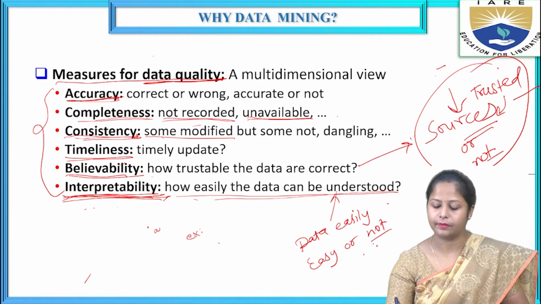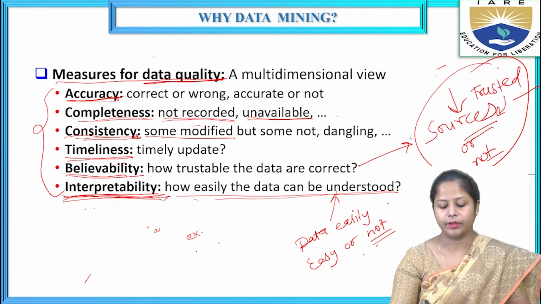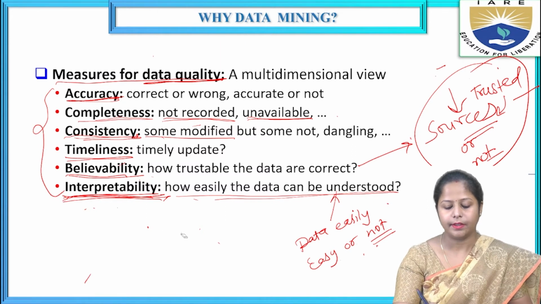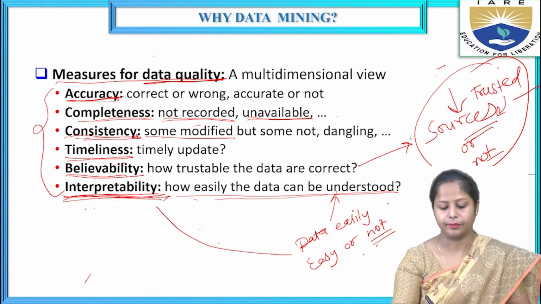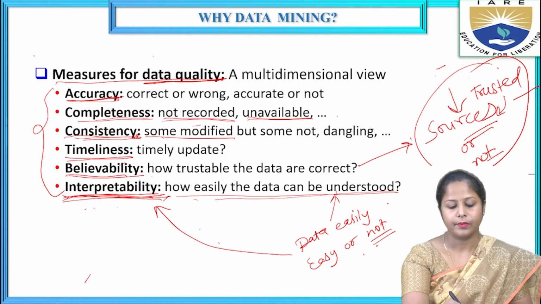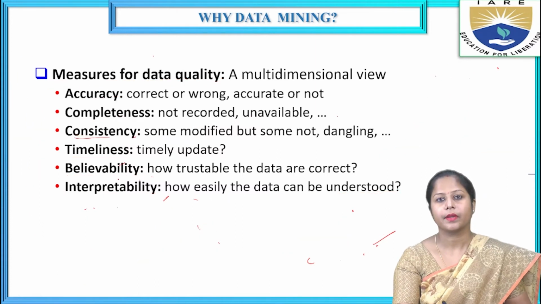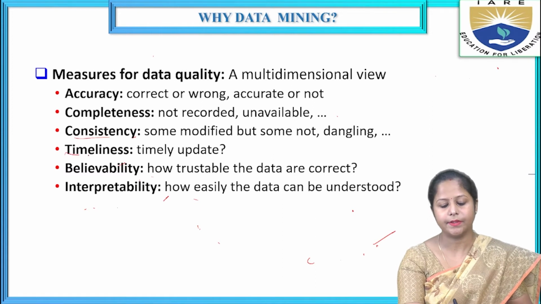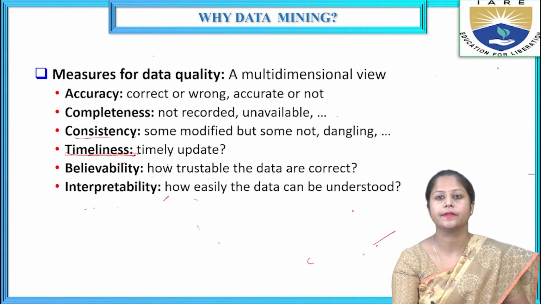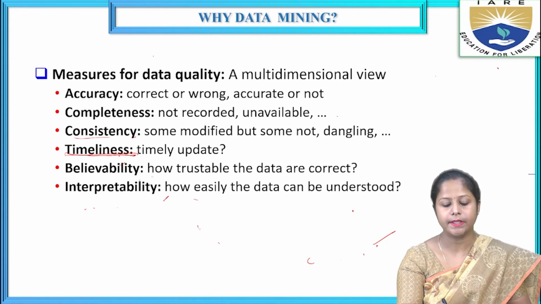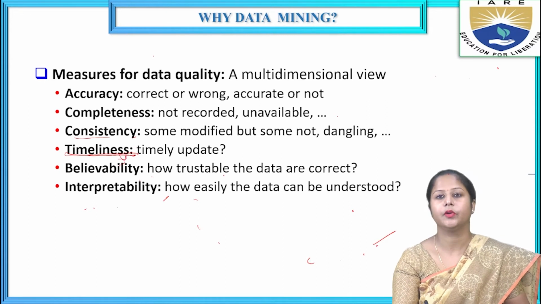So that will be the interpretability measure. So we have covered here the data quality measures. The next measure we will check is timeliness. What is timeliness as a measure of data quality?